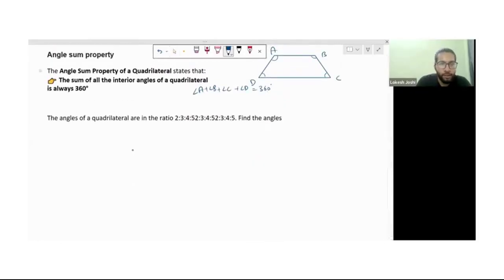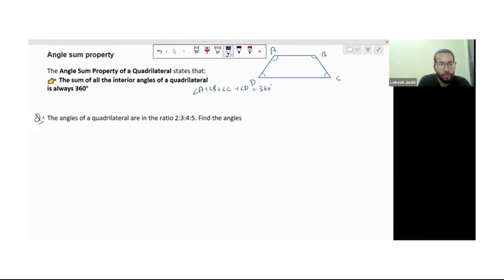So now we are able to do some questions. It's our question number 1. It's written there that the angles of a quadrilateral are in the ratio 2:3:4:5. We have to find the angles.